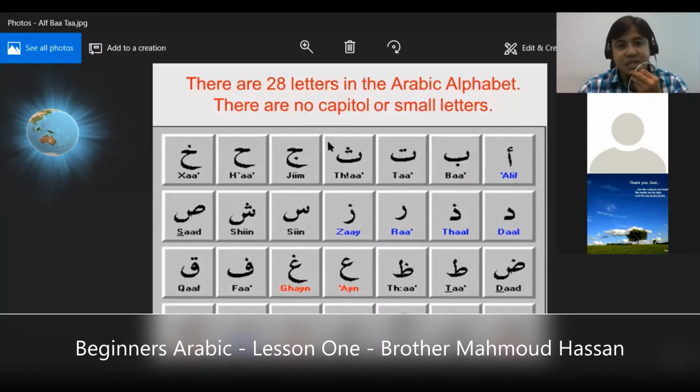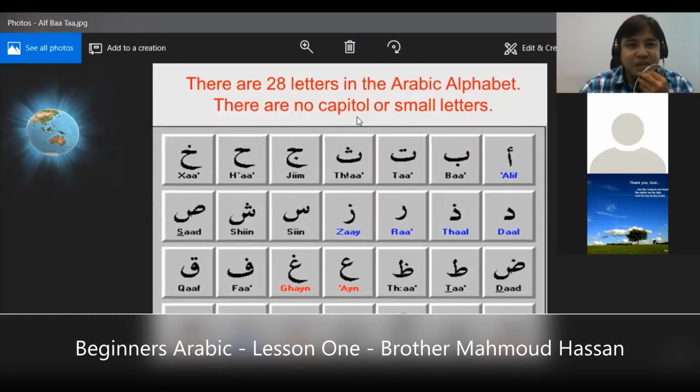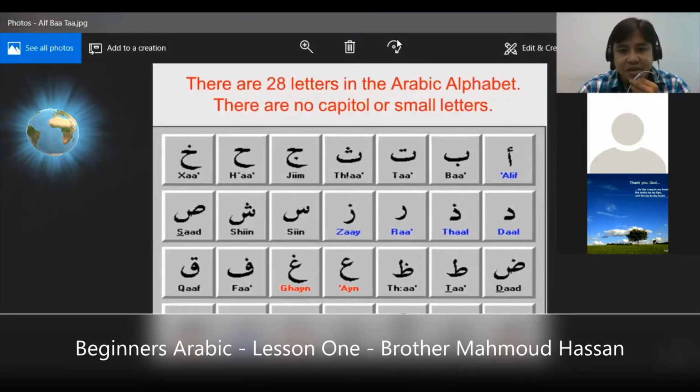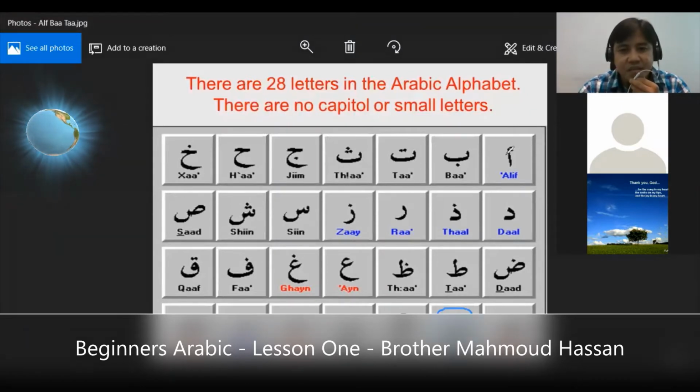As you can see here, the Arabic alphabet has 28 letters. But in other copies of the Arabic alphabet, you can find 29 letters or 30 letters, something like that. But all of them are correct, inshallah, because here, what you can see in front of you, only 28 letters because they removed the lam alif, because lam is already here and alif is already here.